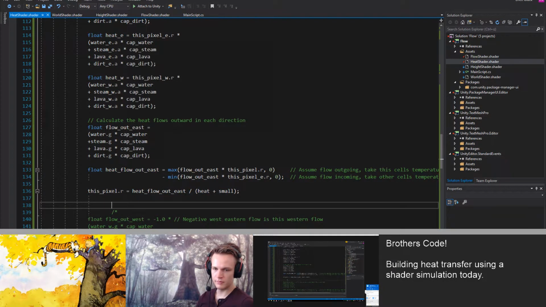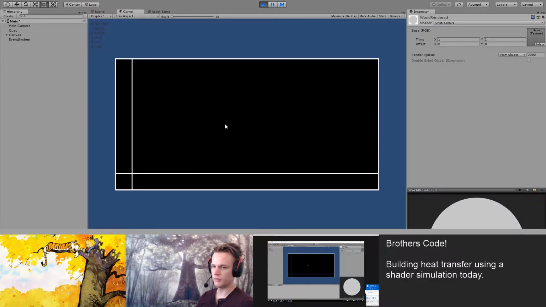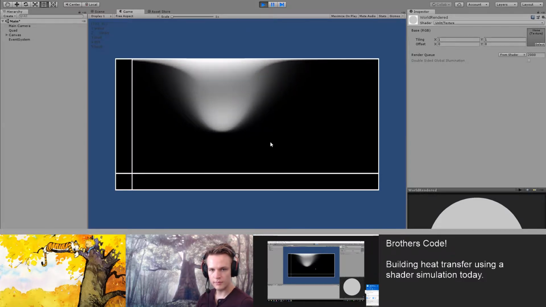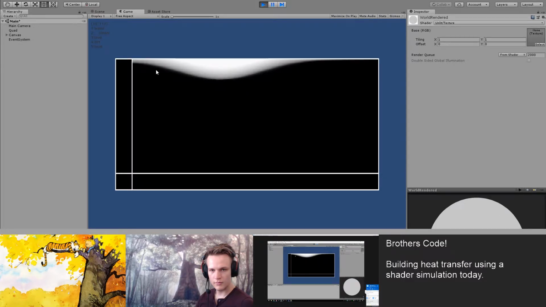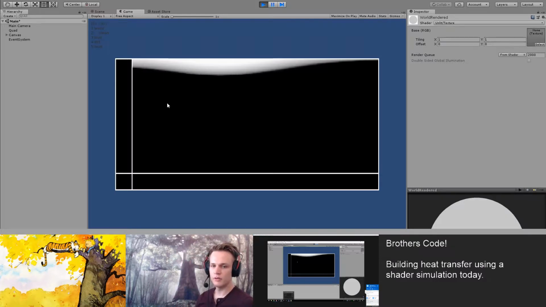Not bad. Now 0 over 0 gave you 0. That would make so many things better. Blue is becoming less and less of a good color to me. Well, there's no heat in any of these, so you've got to add some heat for it to show. Heat's not flowing, so you can't see it.